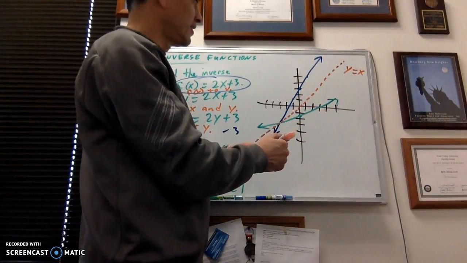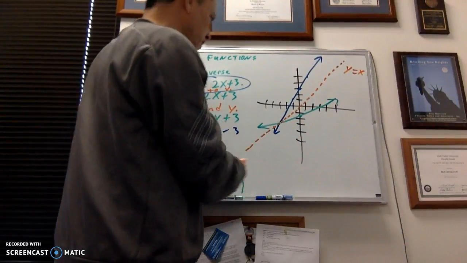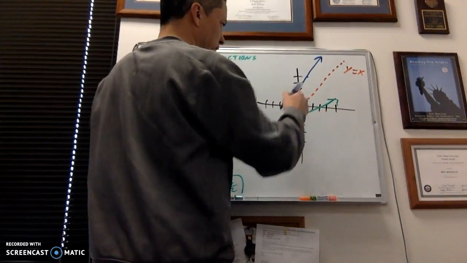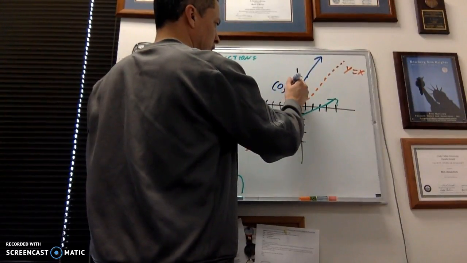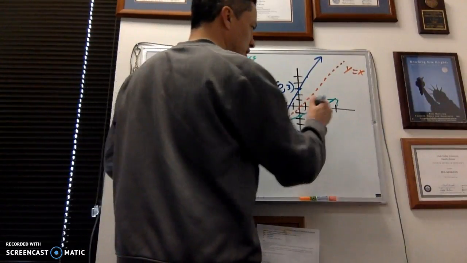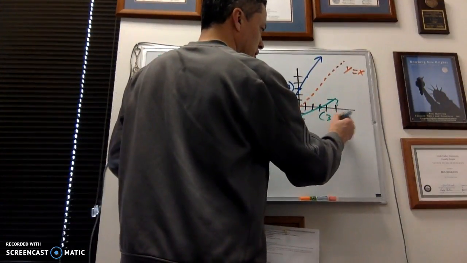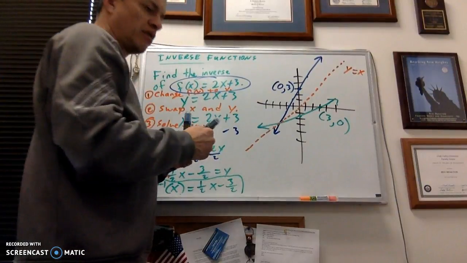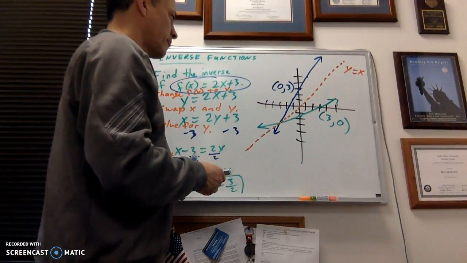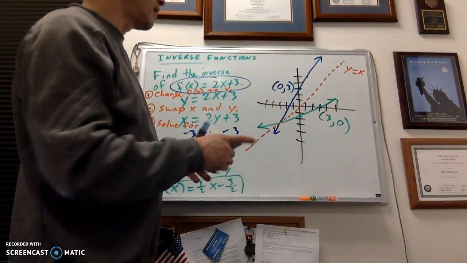Pretty cool, huh? More specifically, if I had this point here, which is (0, 3), that means (3, 0), there it is, would show up on the reflecting green line for the inverse. And so on.